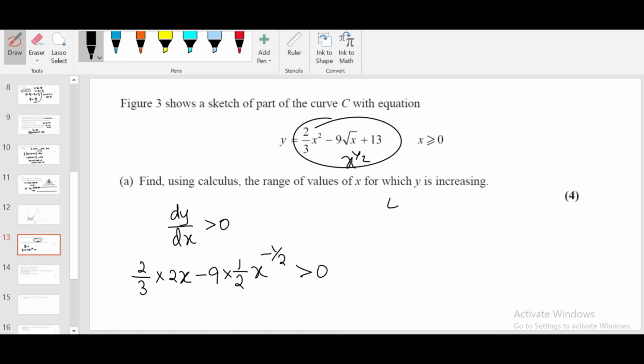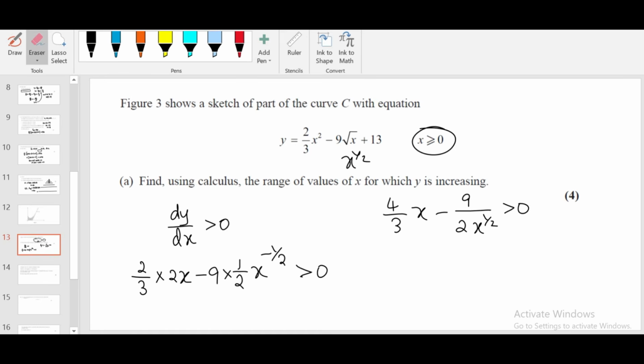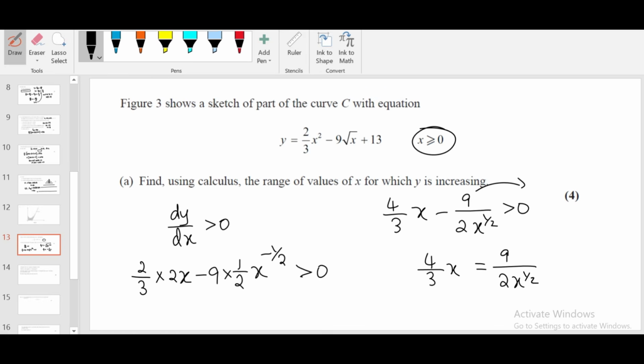So it's basically 4 over 3 x minus 9 over 2 x to the power of negative half is greater than 0. We know x is a positive number. x is greater than or equal to 0. So bring this term here. 4 over 3 x is equal to 9 over 2 x to the power half.